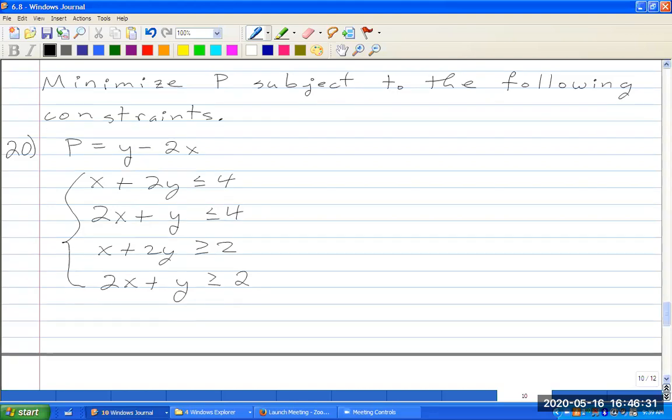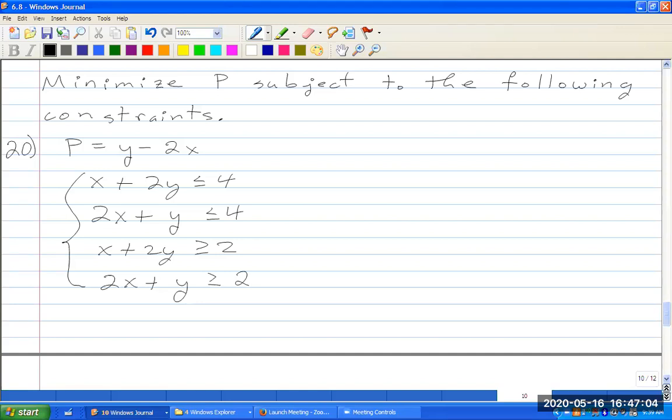Okay, so let's determine the feasibility region for this. So minimize P subject to the following constraints. Problem number 20, I want to minimize P equaling y minus 2x, subject to x plus 2y less than or equal to 4, 2x plus y less than or equal to 4, x plus 2y greater than or equal to 2, 2x plus y greater than or equal to 2.